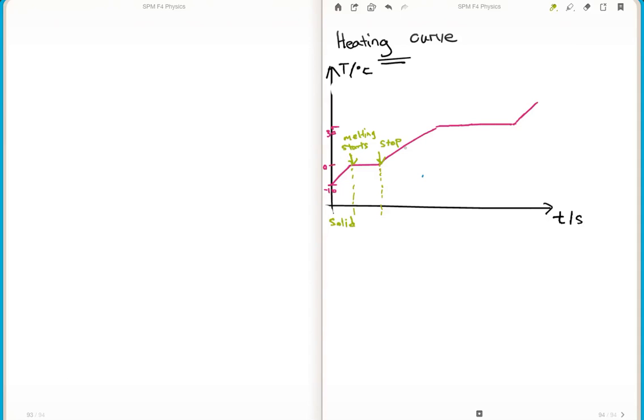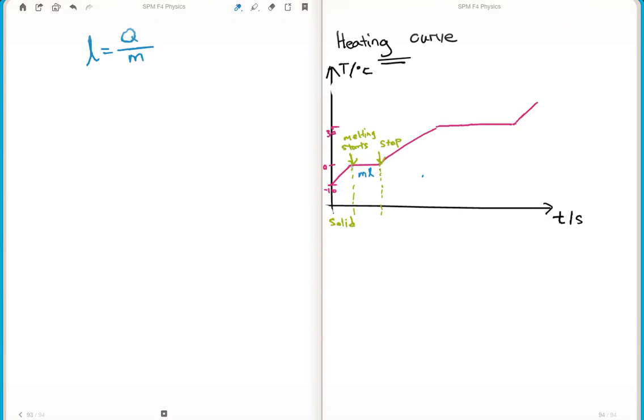Now this portion is where energy is used to melt it, energy used to break the intermolecular bond is m times L. Now previously we have Q. I don't go straight to Q yet. Q is energy. From the definition, specific latent heat L is the amount of energy used per 1 kg of mass at constant temperature.